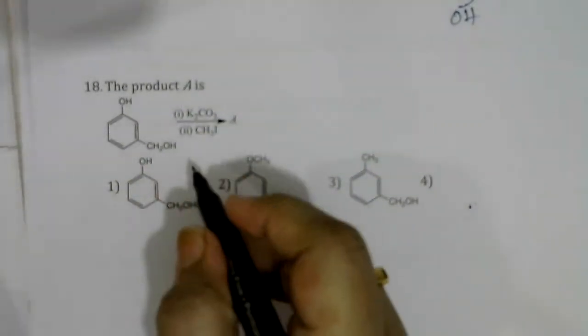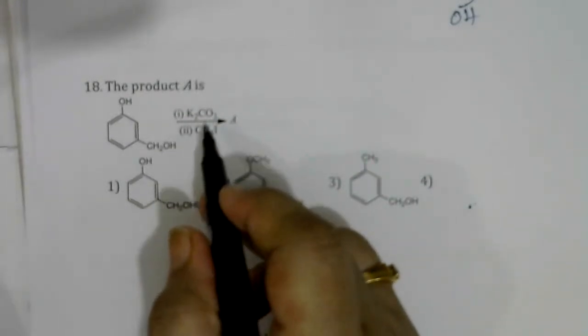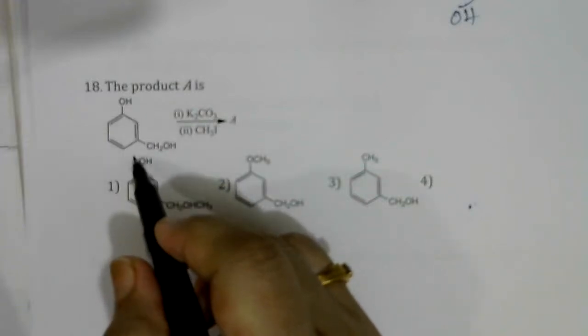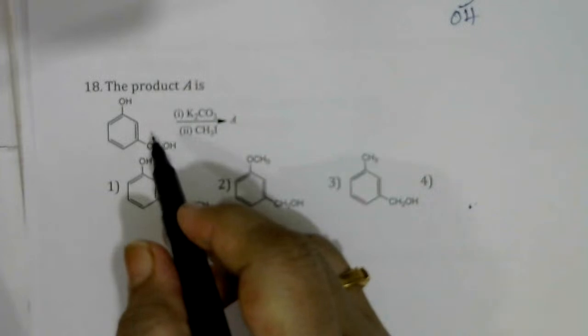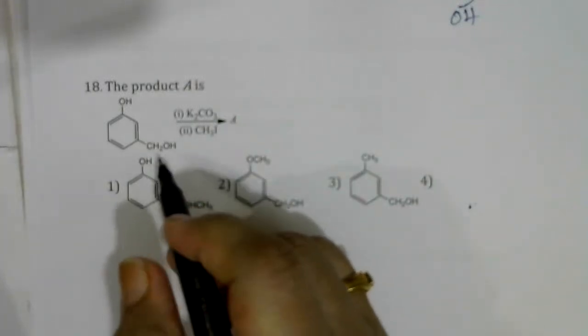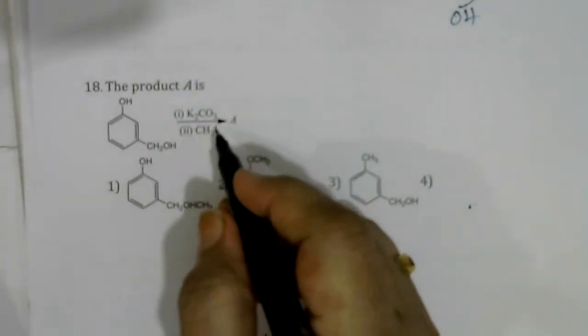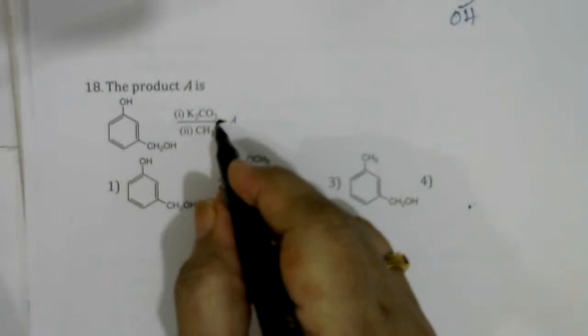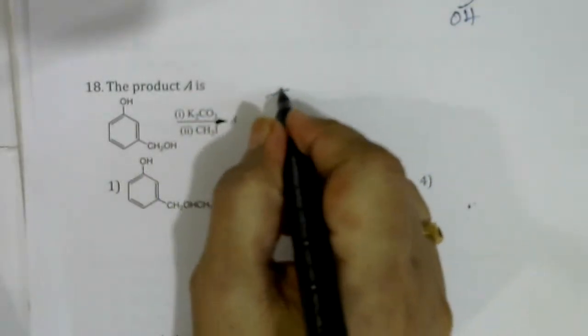Next. The product A is what they are asking. Remember here, it is metahydroxybenzyl alcohol. Concentrate on the paper. Therefore, when it is treated with potassium carbonate, remember one thing, phenols are acidic in nature.